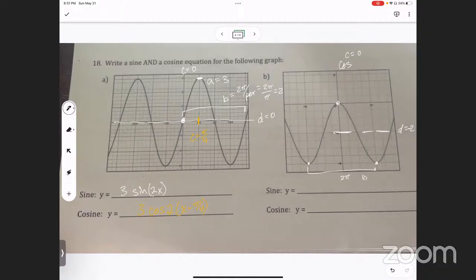So B still just equals 1. Oh, and my A is 2. So it is going to be 2 cosine x minus 2. Good? Yep.